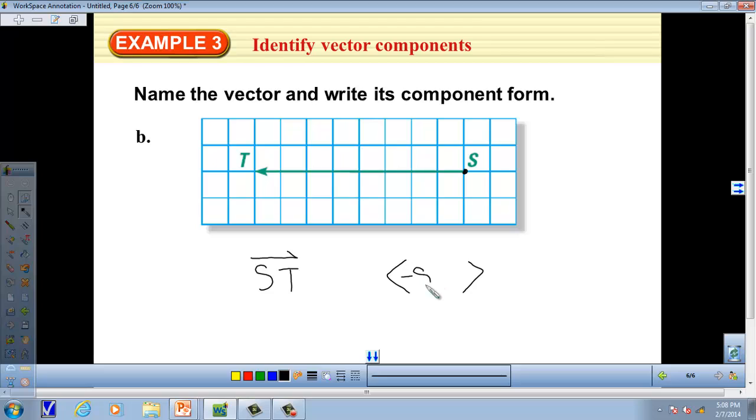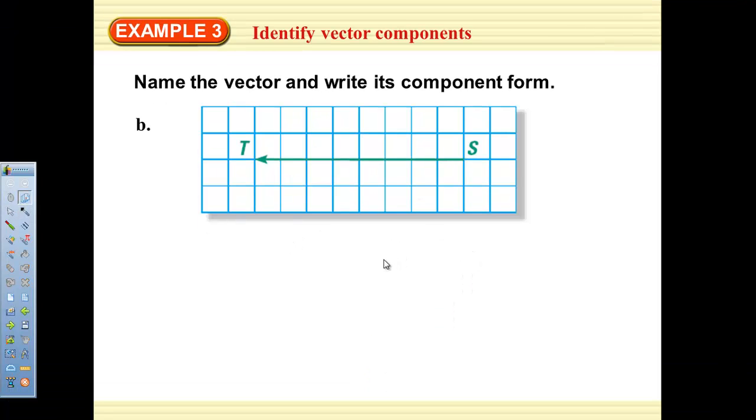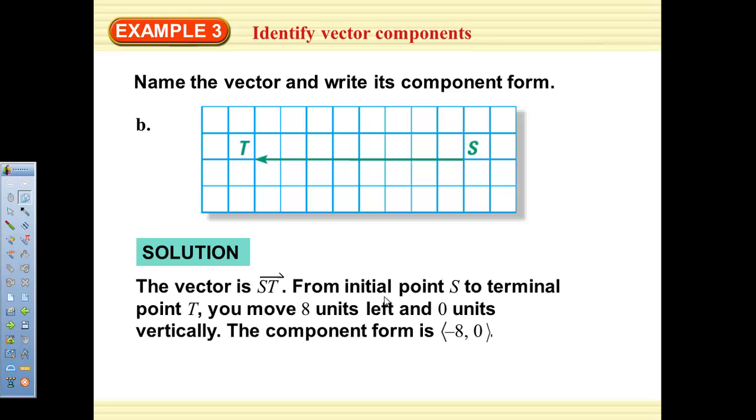So it goes -8 because it's going to the left, and then 0 because it doesn't go up or down. So again, the vector is called ST, and because we're moving to the left 8 and 0 units up or down, the component form would be <-8, 0>.